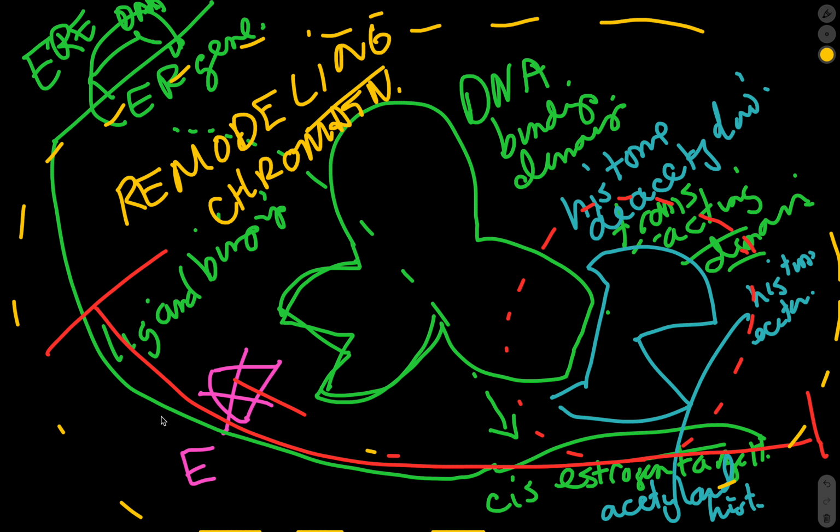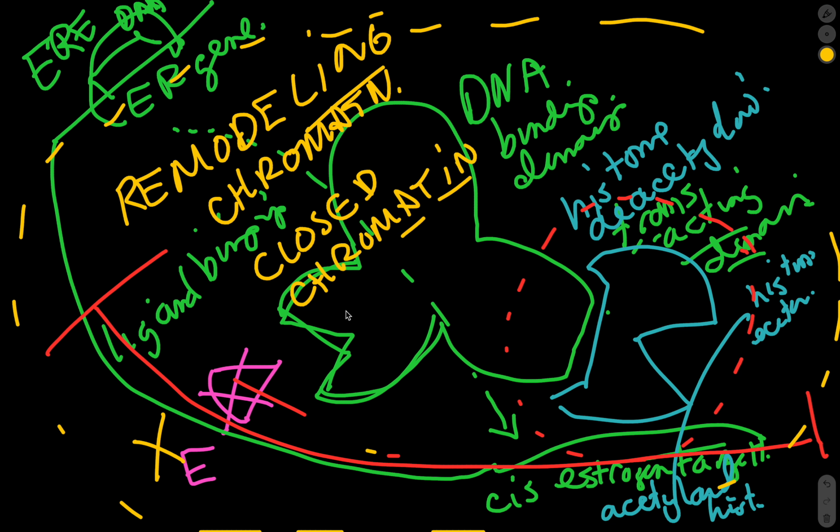When there's no hormone, this folded up chromatin is called closed chromatin. And isn't that a great name? It's also called heterochromatin, and we need to learn that term as well.